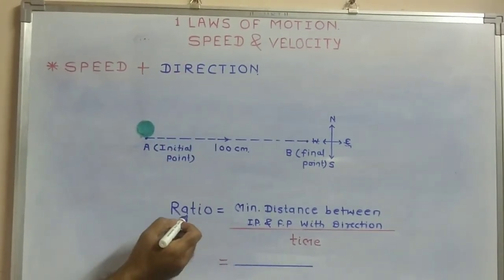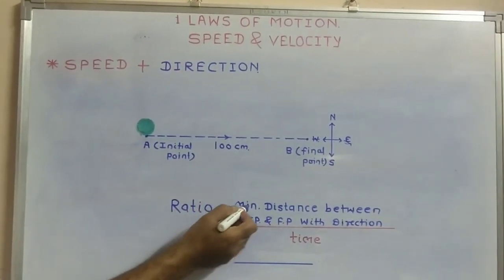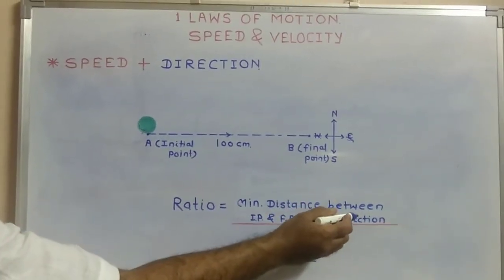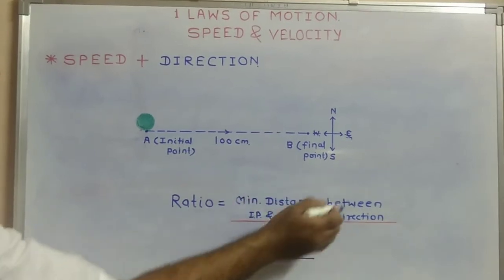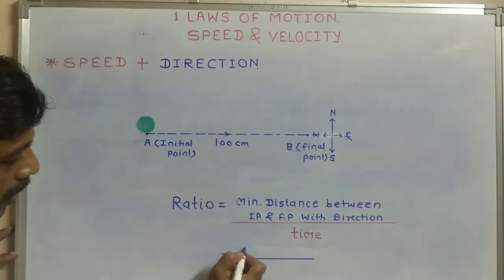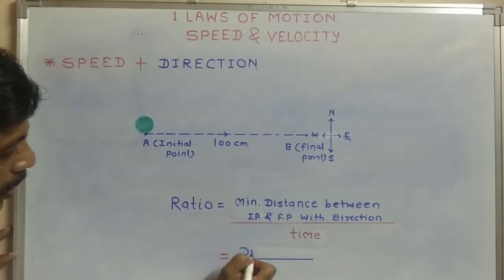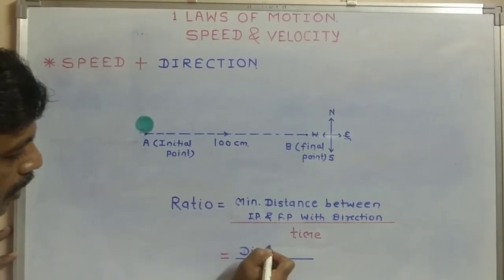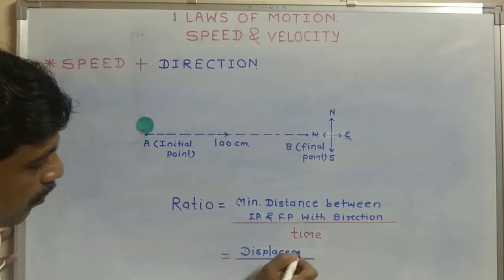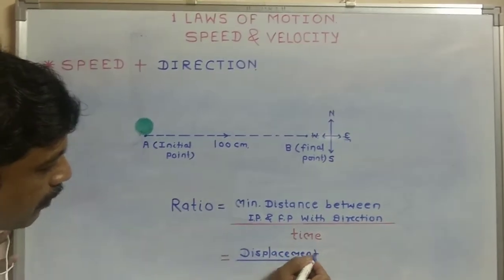Now I have to consider a certain ratio. That ratio equals the minimum distance between the initial point and final point with direction. This quantity in terms of physics, we have learned and we call it displacement.